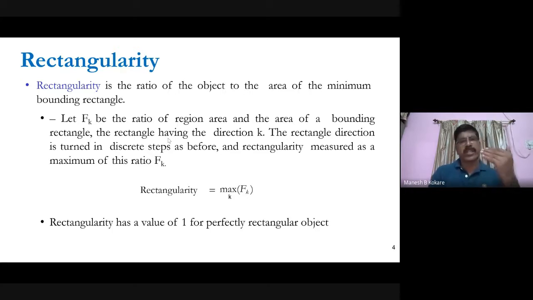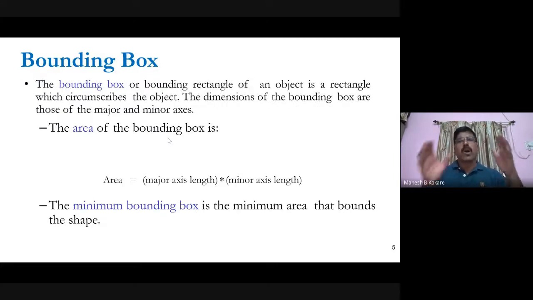So whether you consider eccentricity, rectangularity, or bounding box, all those scalar parameters are rotation, translation, and scale invariant. But one major disadvantage is that from those scalar values you cannot reconstruct the object back. This is the limitation of these scalar features.